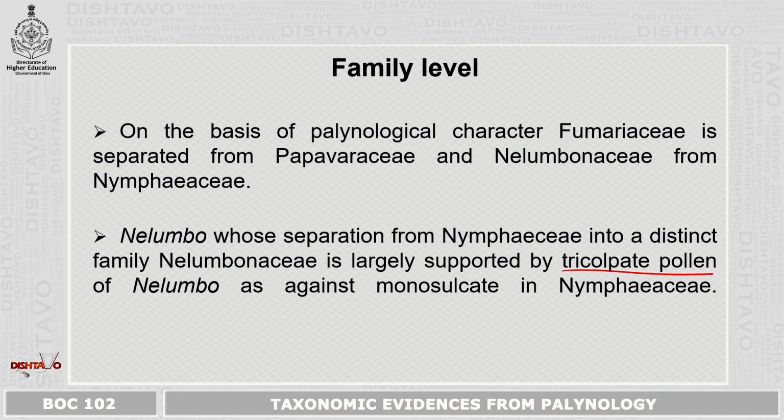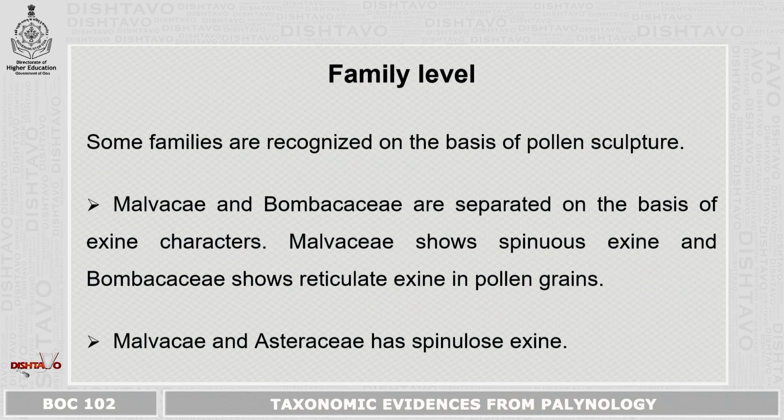It was originally placed in the family Nymphaeaceae. Nymphaeaceae family shows monosulcate pollen grains. Because Nelumbo shows tricolpate pollen grains, it is shifted from Nymphaeaceae and placed into a separate family, students, which is Nelumbonaceae. So, this is at the family level.